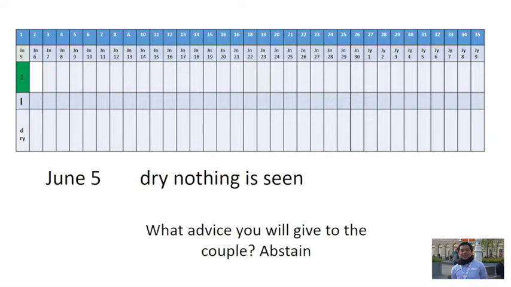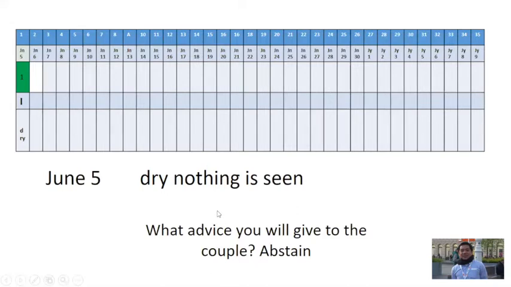Do not ask the client what happens on June 4, June 3, or June 2. Let's begin on June 5. Whatever happens before June 5, we are sure that the cervix is closed if we are able to complete 3 days of dry. Okay? So now, June 5, dry, abstain.